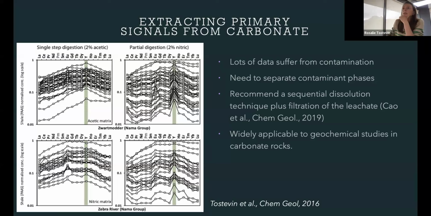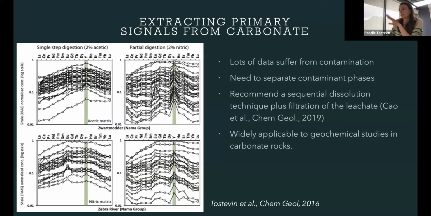And this is a single step digest in a weak acid. And you can see that we have relatively high concentrations, no yttrium anomalies, no lanthanum anomalies. And then when we do a sequential digestion, which means only adding sufficient acid to digest a fraction of the sample, so 40% rather than 100%, we start to see lower rare earth element concentrations, big yttrium anomalies, and positive lanthanum anomalies, as we would expect in a seawater pattern.